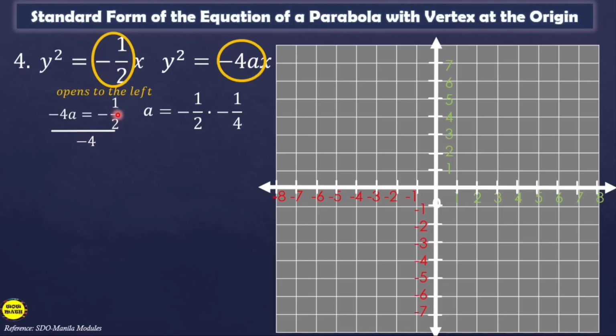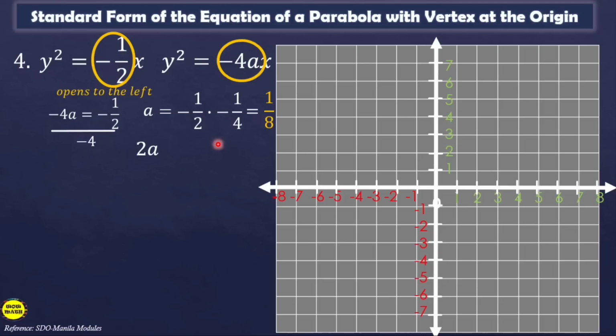So, negative 1 half times negative 1/4. And then, magpuproceed tayo sa multiplication. So, negative 1 times negative 1, that is positive 1. 2 times 4, that is positive 8. So, yung focal distance natin dito is 1/8 this time.